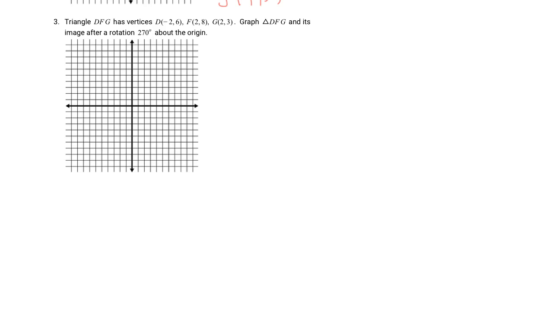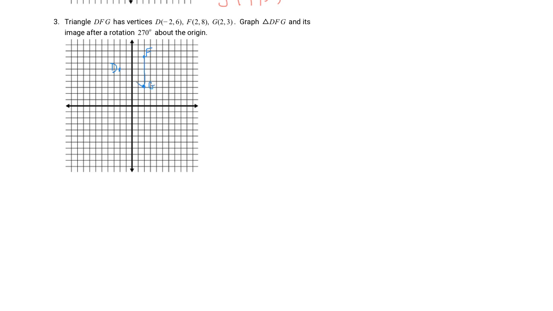Last one, we've got another triangle, DFG. So let's graph this. D is at negative 2, 6. F is at 2, 8. G is at 2, 3.